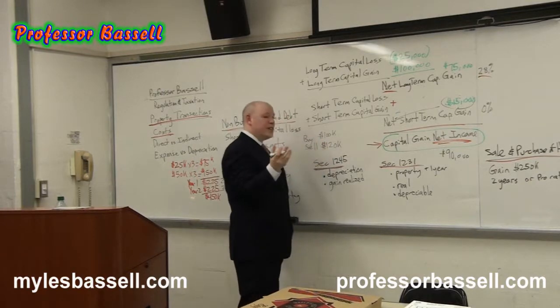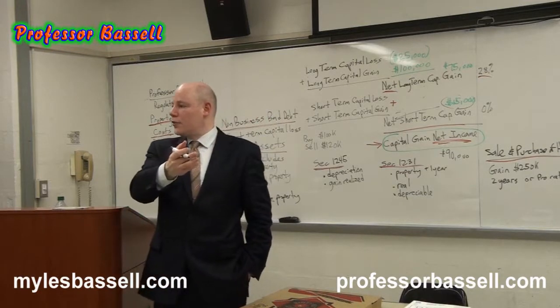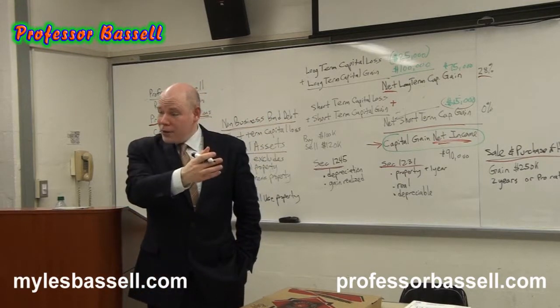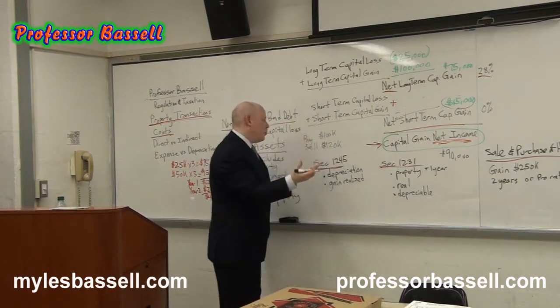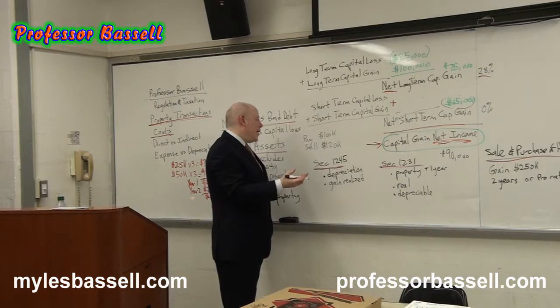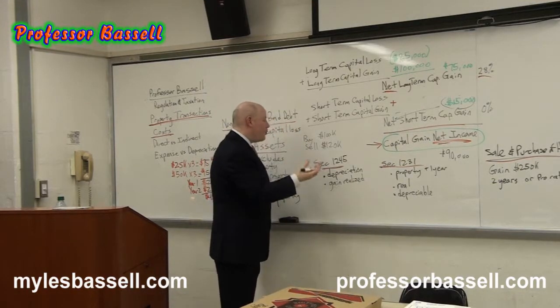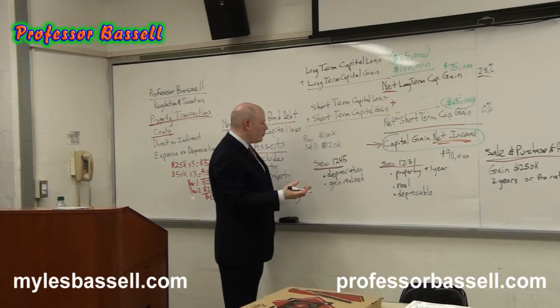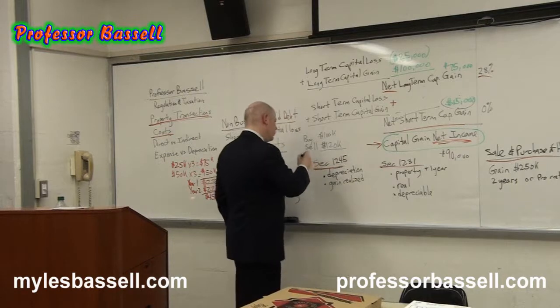Why? One of the reasons is, who does all our buying for us? Tamara. So Tamara got us a good deal, and we're able to purchase this office furniture for $100,000, and then sell it for $120,000. All right, so how much is our gain?